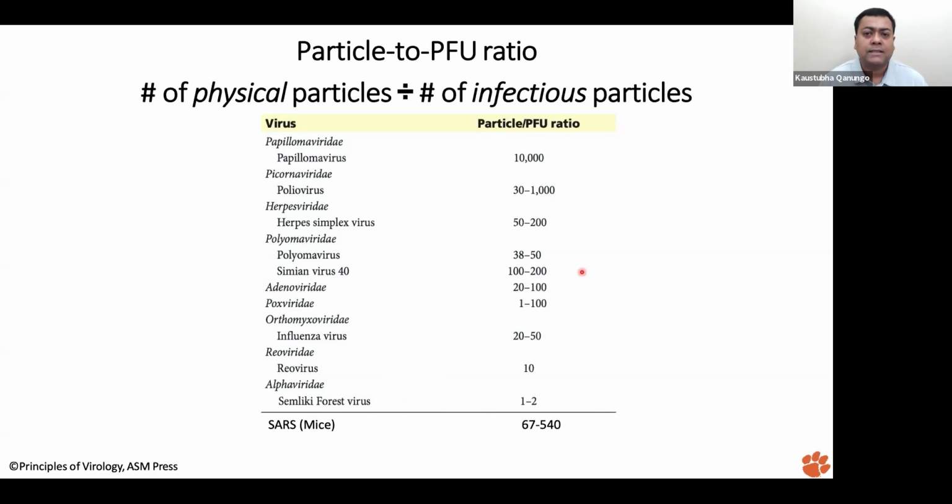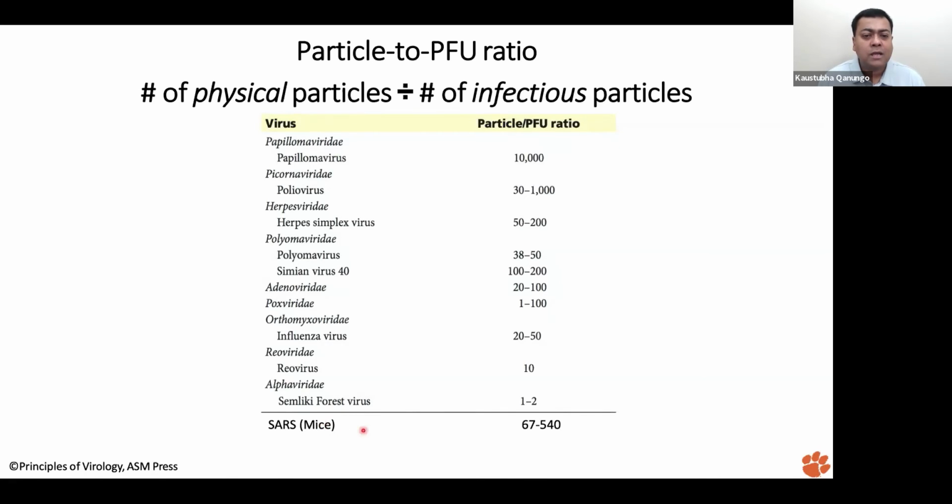We will discuss what determines the particle to PFU ratio. You can see that this is the classic SARS, not SARS-CoV-2. It is between 67 and 540, and the average is about 240 particles per PFU.